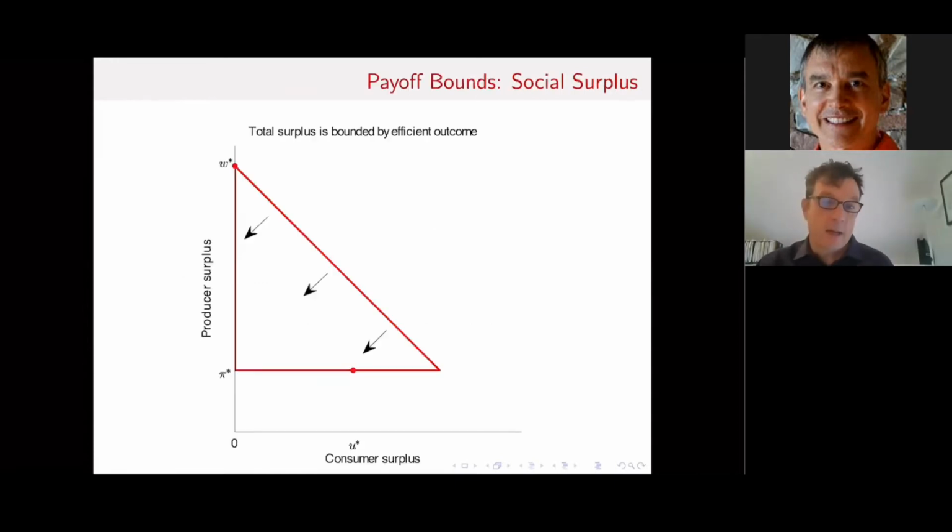Translating this into our diagram, where I recall that the x-axis plots the consumer surplus and the y-axis plots the producer surplus, we get a triangle. We may think about or refer to this as the surplus triangle.